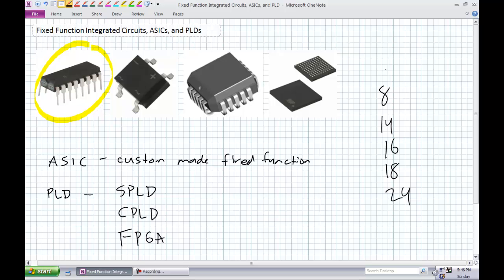What they are is a device that you can buy. Whereas this, you require an ASIC, you require a vendor. A PLD, you can buy off the shelf, and it's a blank slate with a bunch of programmable logic elements in it. What's neat about this is some of them are reprogrammable.